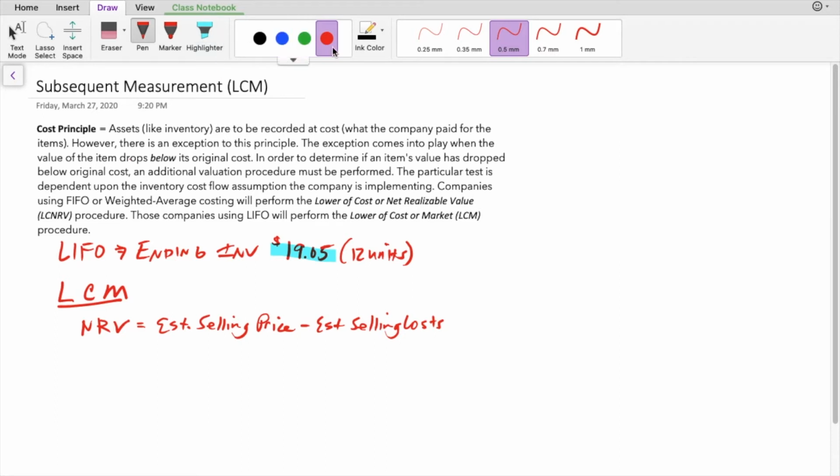When we do that, that value that we calculate becomes our ceiling. And so we will not report a market value higher than that number. Then we have to calculate the net realizable value less our typical profit margin.